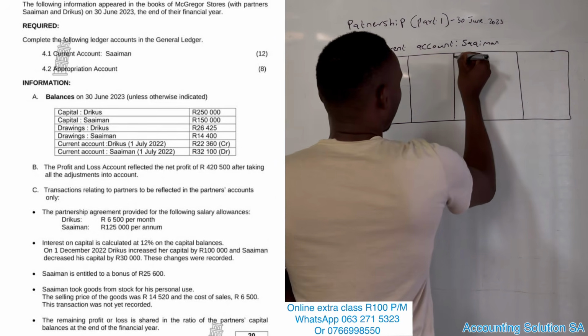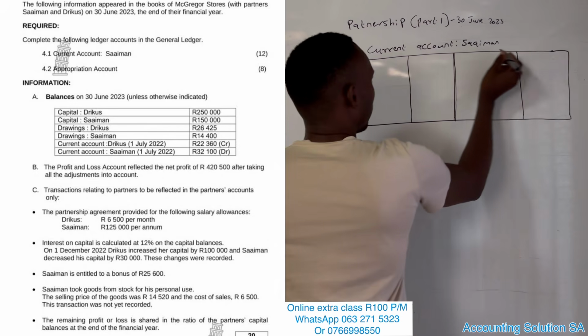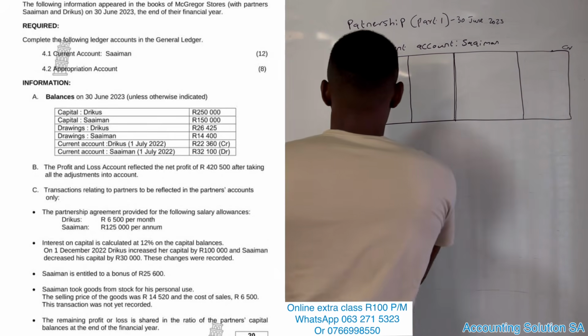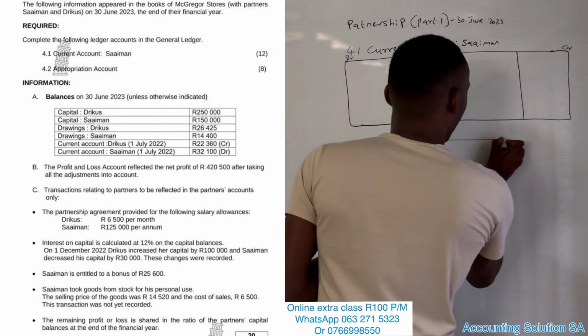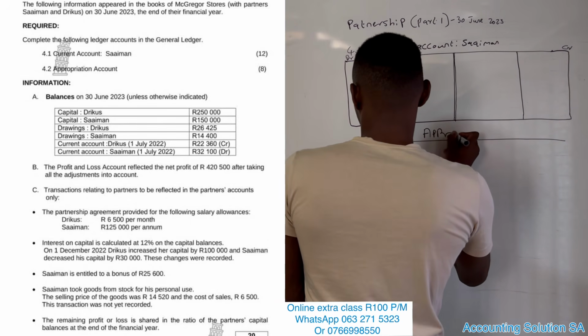Okay, this is debit, this is credit because it's a T account. And after that we are going to have our appropriation account.